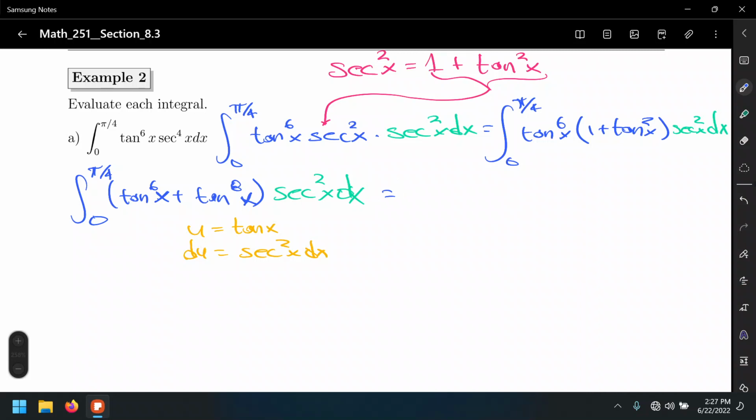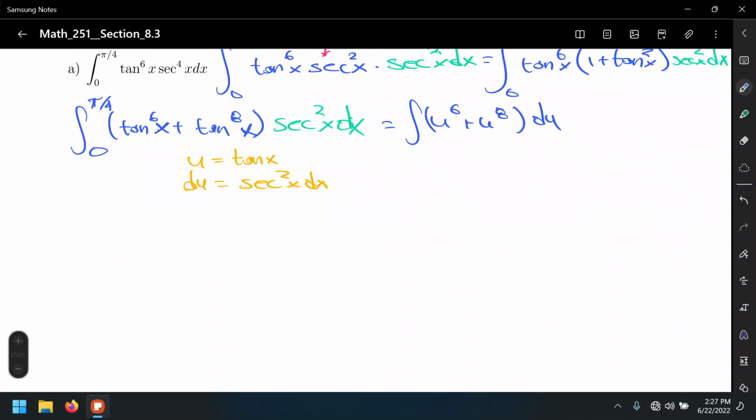So this will be the integral of u to the 6th plus u to the 8th du. I'm going to skip the limits of integration. Yes, I could have changed the limits, and that's fine if you want to do it, but this time I'm going to do the limits at the end.